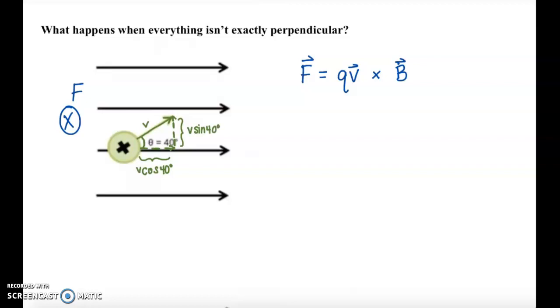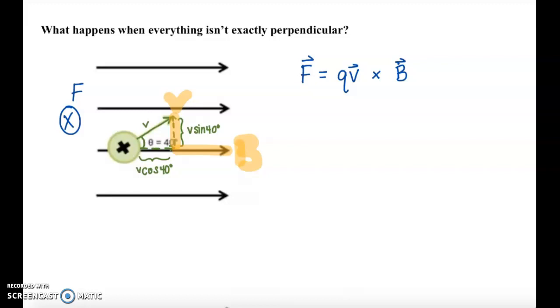Now, the component that I'm most interested in for this equation is this one right here, because that component of velocity is perpendicular to magnetic field. And then, of course, you have force into the page, completing all of the perpendicularness.